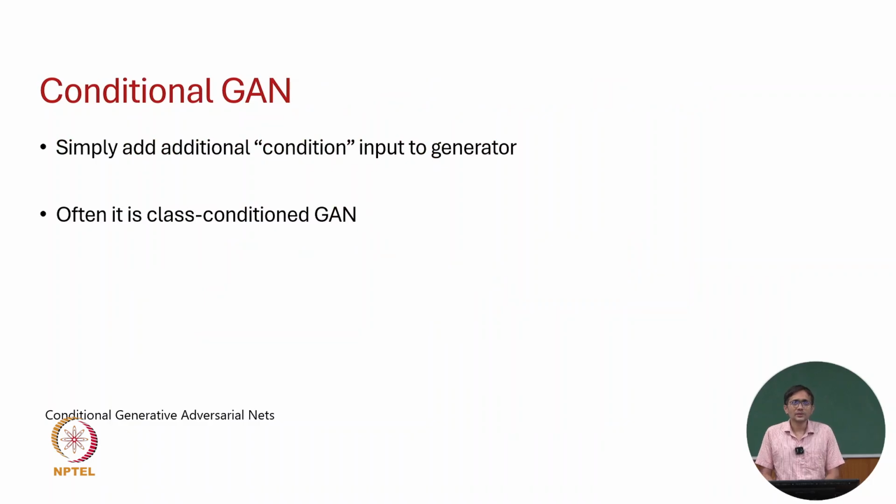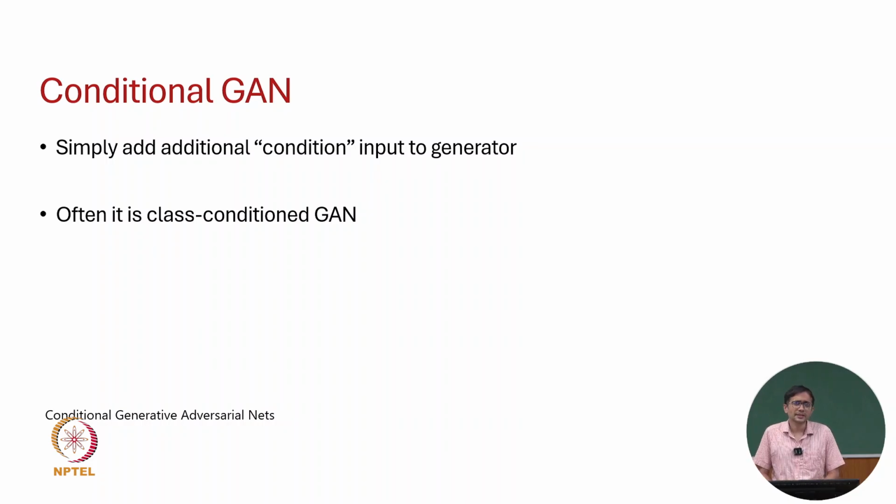We also talked about the conditional GAN, where we are adding an additional condition input to the generator. Often, this additional condition is class information, thus we'll call it a class conditional GAN in that case. However, of course, there are different versions of the conditional GAN where it can be some other input, like an image as condition.